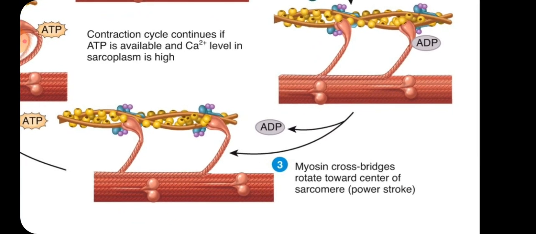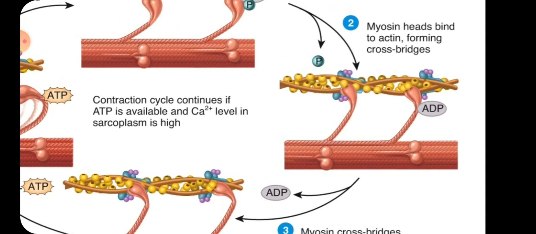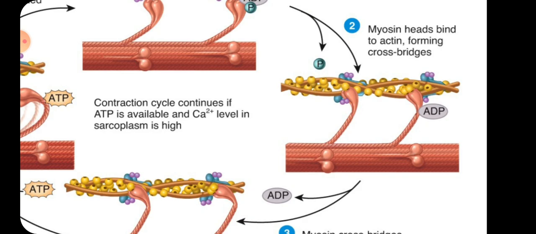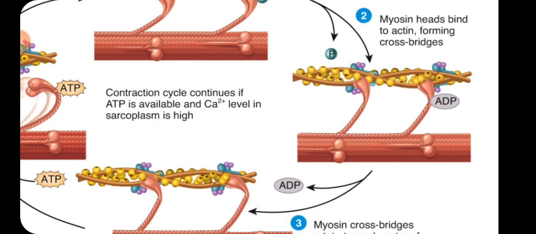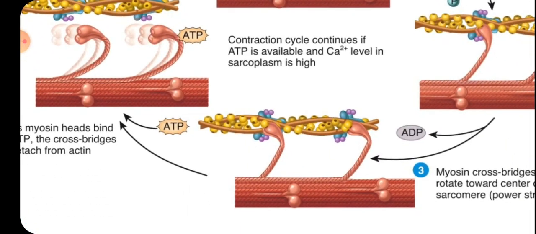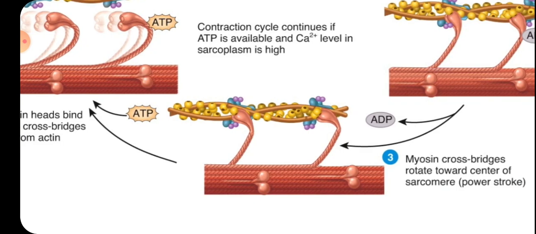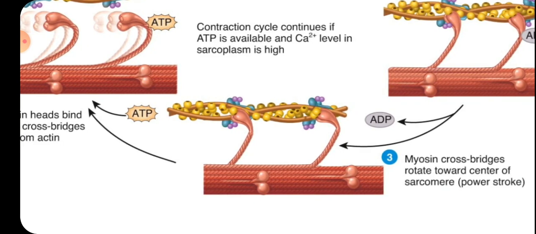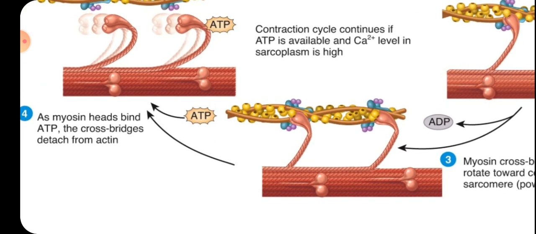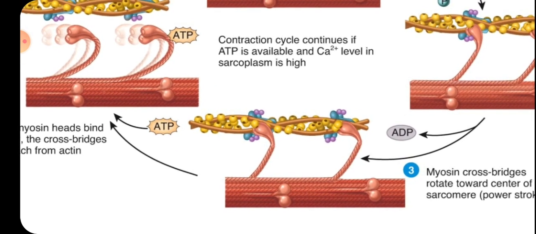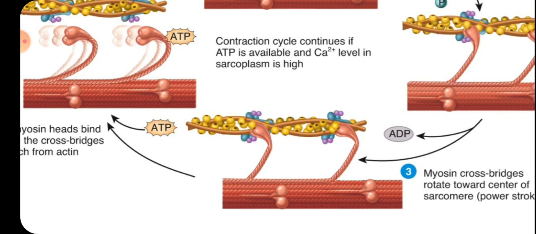Here, the myosin heads have been attached to the actin along with the calcium ion, and in this case, the myosin cross bridges rotate towards the center of the sarcomere, which is the power stroke, and pull the actin fiber towards itself and shorten the muscle for contraction.